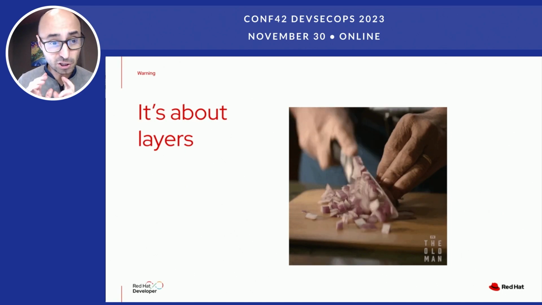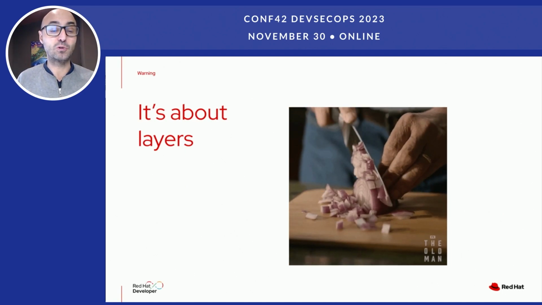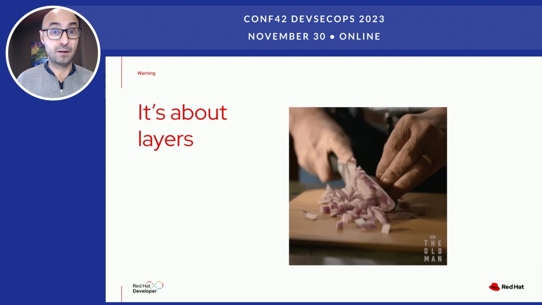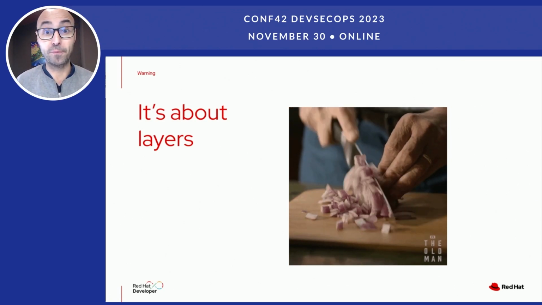Just one thing: everything related to security is about layers. There is no 100% secure system. Anyone who tells you that it's 100% secure is not telling you the truth.